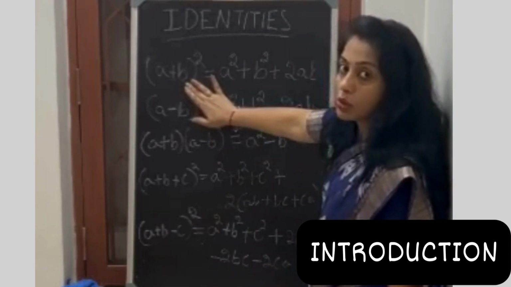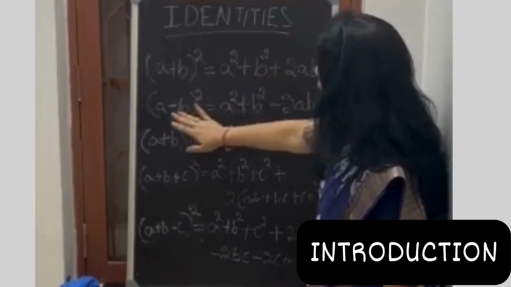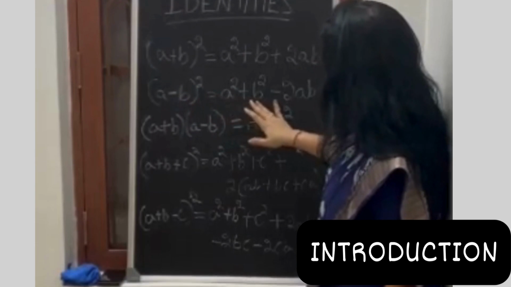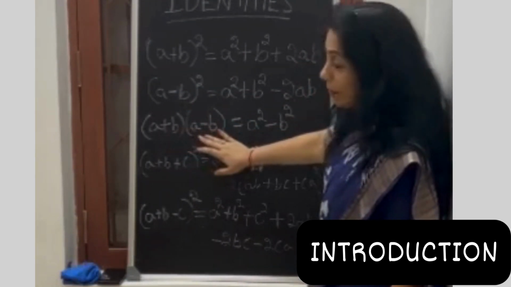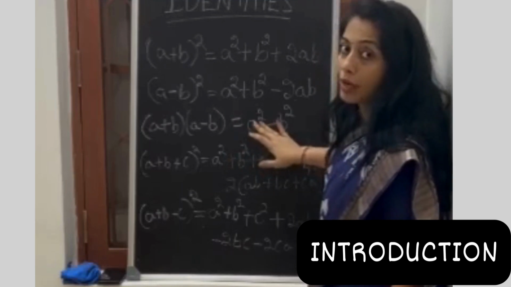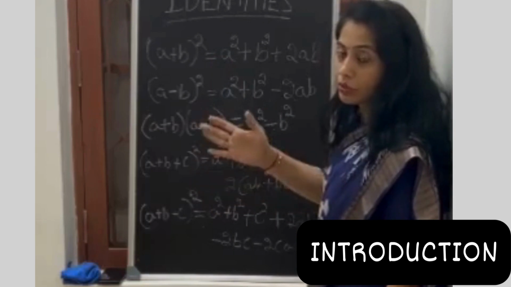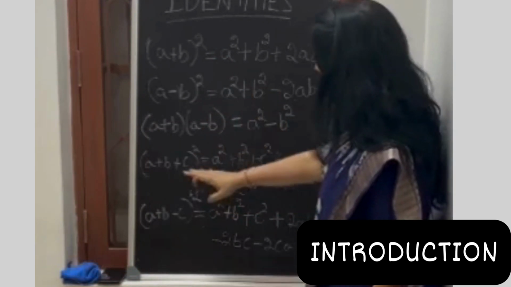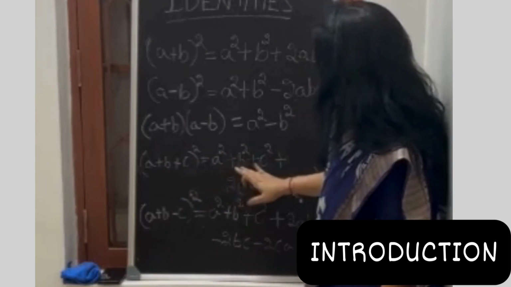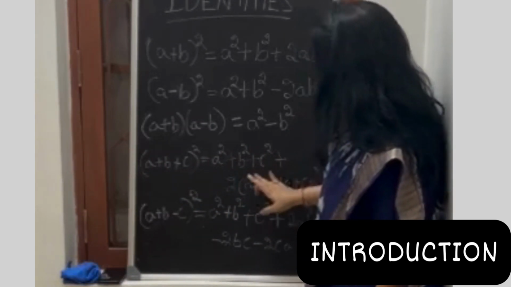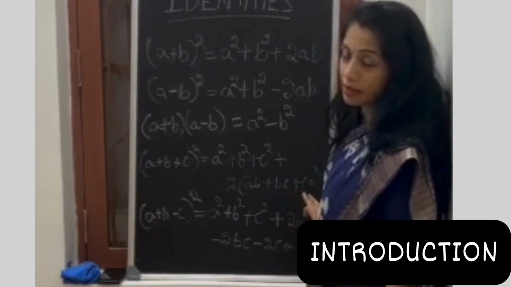(a plus b) the whole square, a square plus b square plus 2ab. (a minus b) the whole square, a square plus b square minus 2ab. (a plus b) into (a minus b) equals a square minus b square. Go slow, listen to the video again and again slowly. (a plus b plus c) the whole square, a square plus b square plus c square plus 2 into ab, bc and ca.